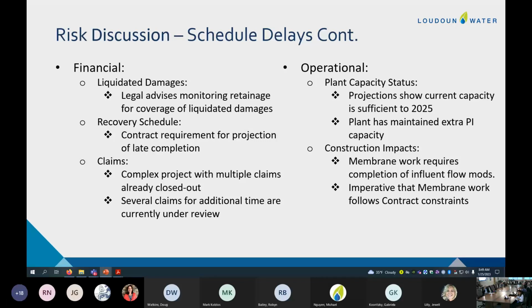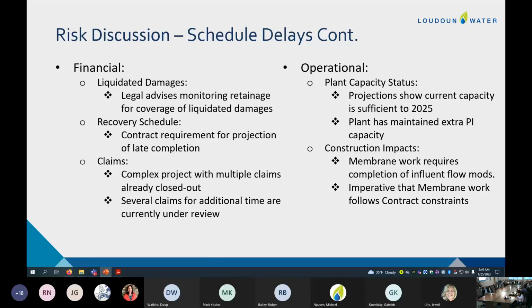And then just going down to construction impacts, a couple things to note. One is that we have yet to do the membrane work on the project. The membrane facility at Broad Run is really the heart of the plant. It's a very critical and also delicate process.